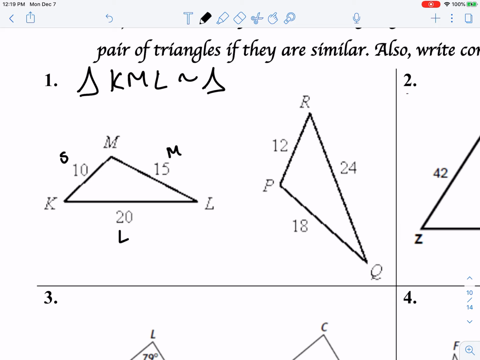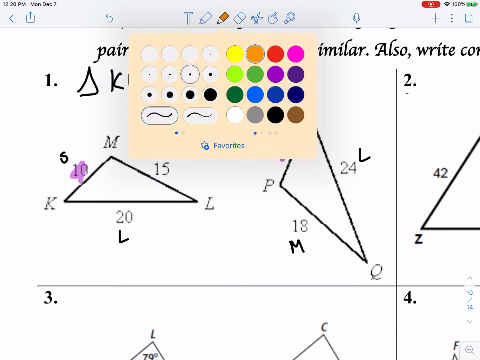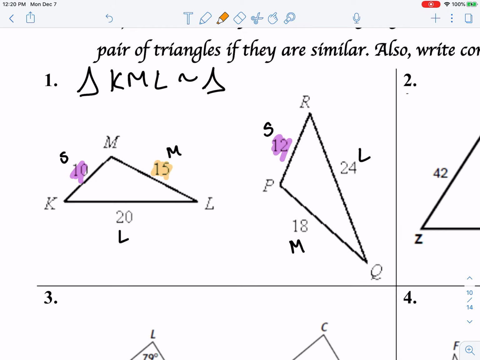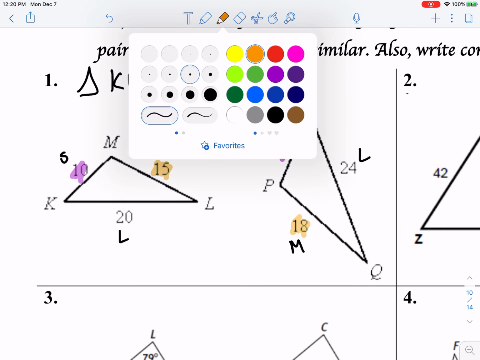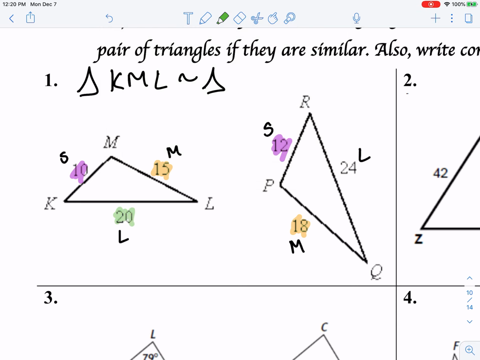Okay, when I come over to the triangle on the right hand side, I'm going to do the same thing. So 12, 24, 18. 12 is my small, 18 is my medium, 24 is my large. Okay, because these are in proportion, your smalls must go with each other, then your mediums must go with each other, and then your larges must go with each other.